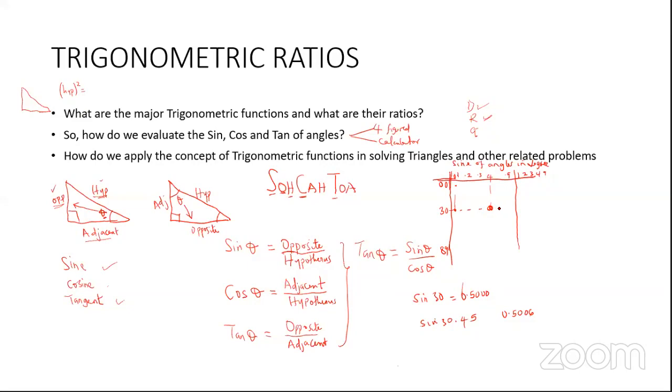You now go outside under 5. You trace it down, and up here you are going to see add differences. The difference that you have here, that is what you are going to add to it. If the difference under 5, for example, is 3, you add the 3 to this. So at the end of the day, by the time you add, you are going to have 0.5009. So that will be the value of sine 30.45.